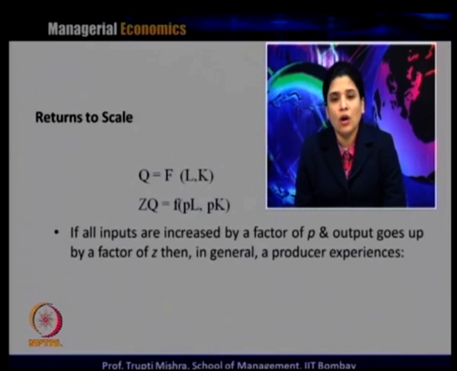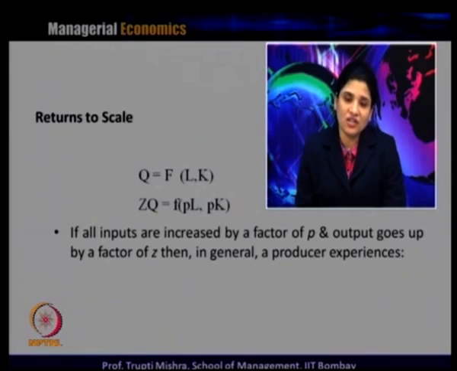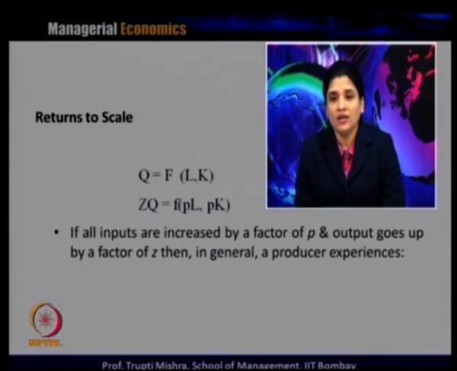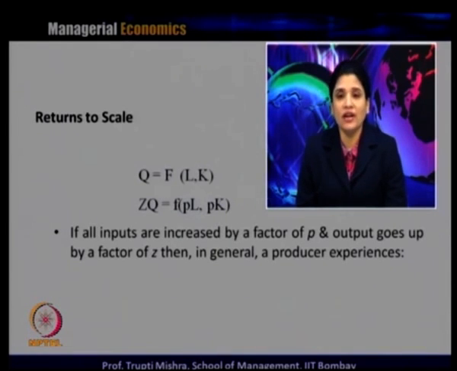Suppose all the inputs increase by P and the output by factor Z, then in general a producer experiences scale relationships. Now, in order to understand scale relationship, whenever we need to increase Q, we need to increase the inputs, labor and capital.